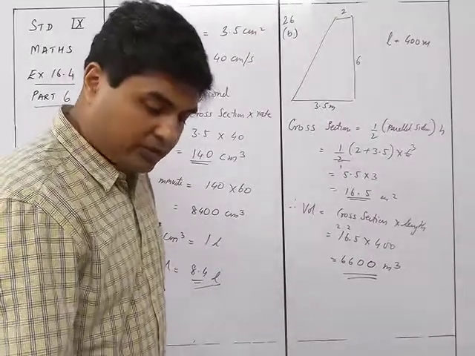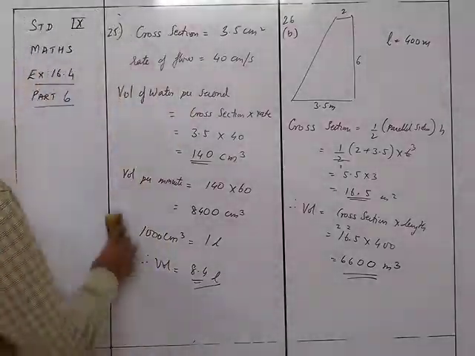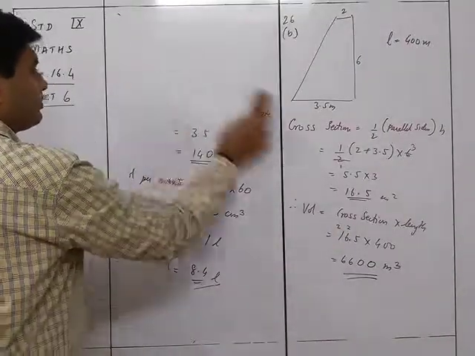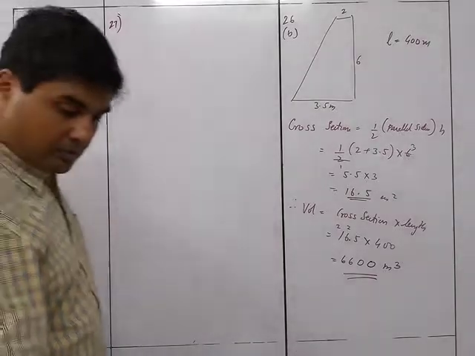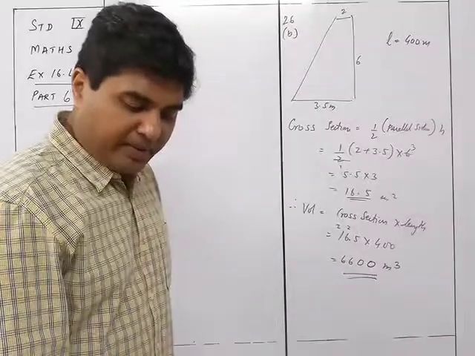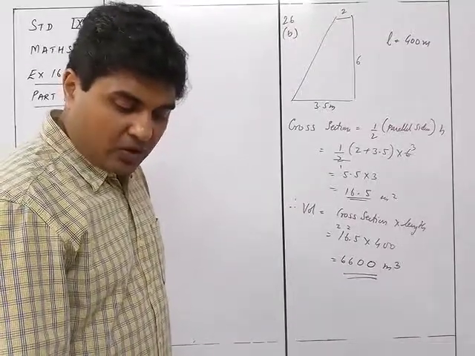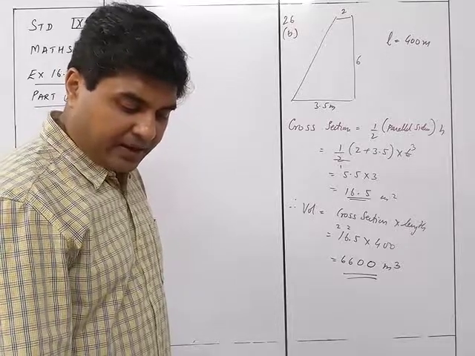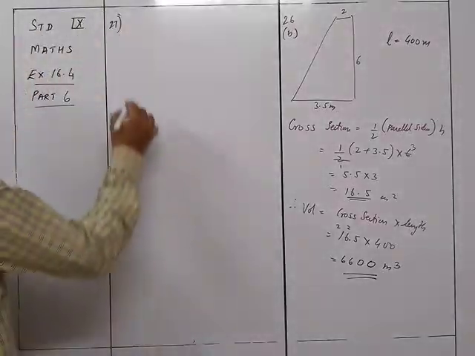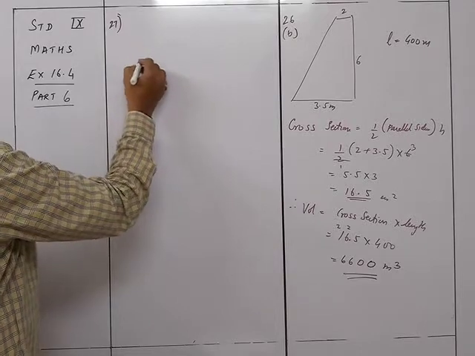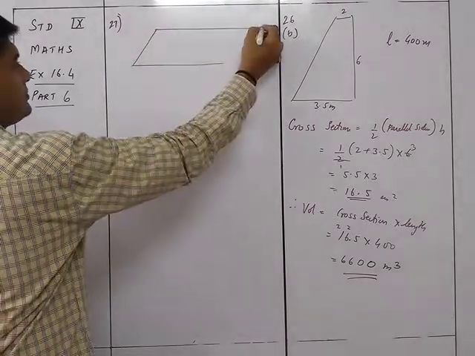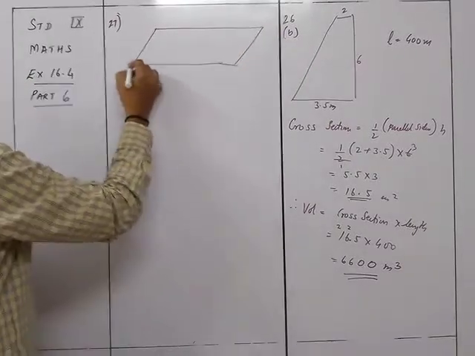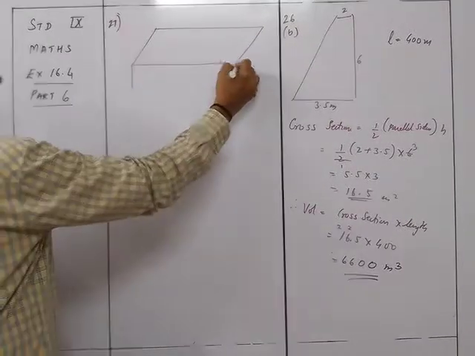We now move on to the last sum, that is sum number 27. Sum number 27. A swimming pool is 50 meter long, 15 meter wide. Its shallow end is 1.5 meter and deep end 4.5. So it's a very simple thing over here, that there is the swimming pool which is like this, but the shallow part is like this and the deep part is like this.